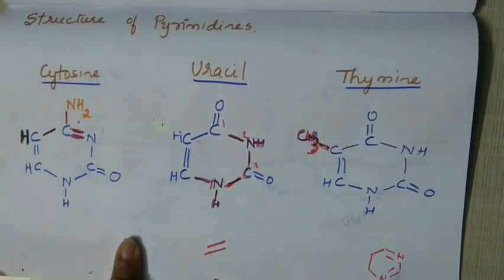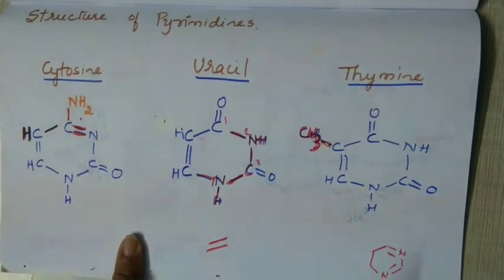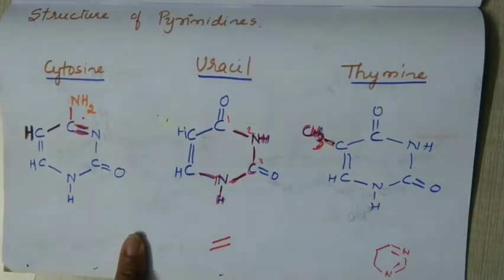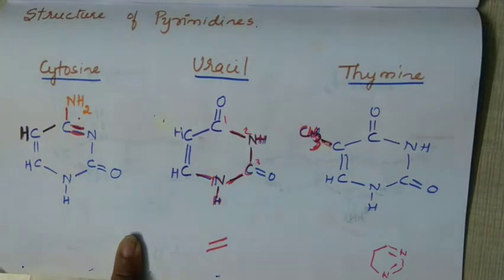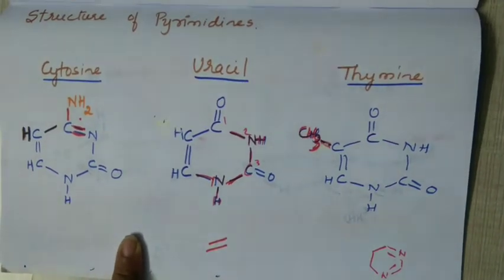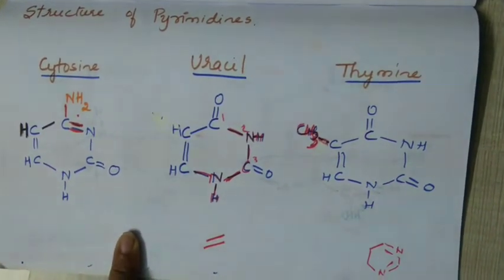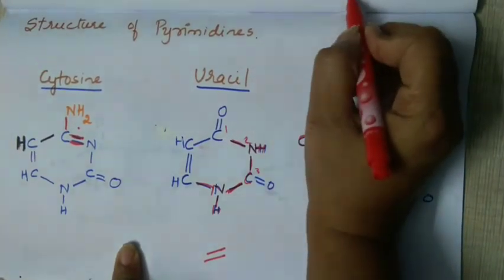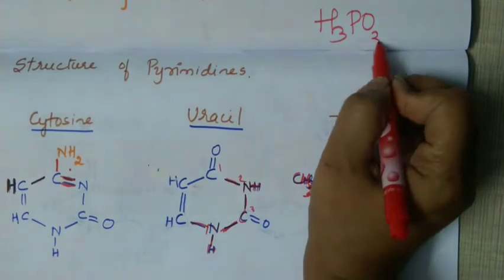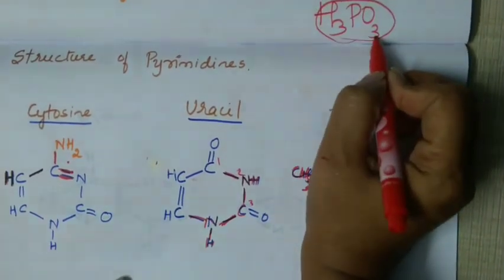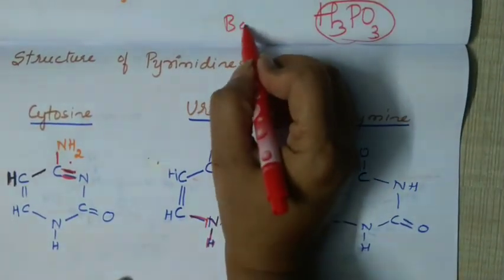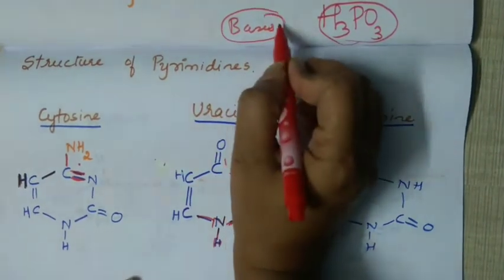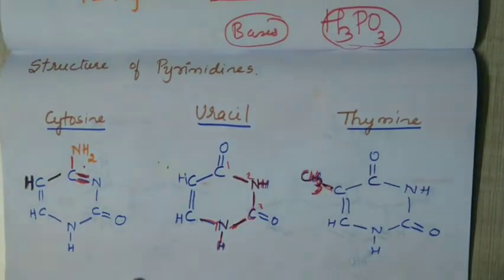So which are the 5 bases? Adenine, guanine, thymine, cytosine and uracil, which are present in DNA and RNA, along with what? Ribose sugar. And the third one is phosphoric acid. And what is the formula of phosphoric acid? H3PO3. Now where are these phosphoric acid and bases present in our sugar or in our nucleotide?